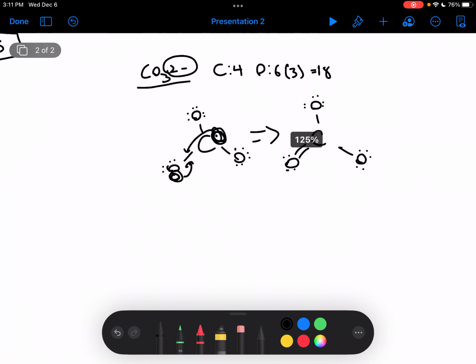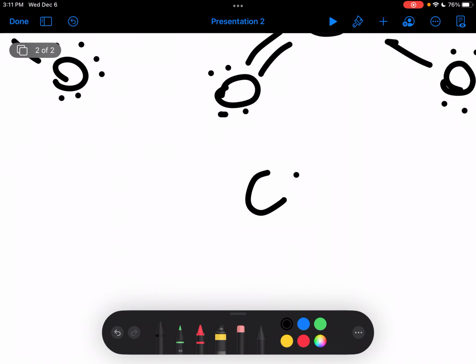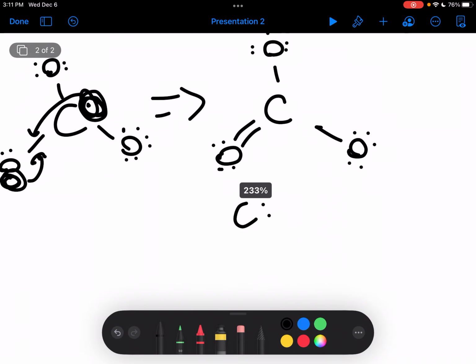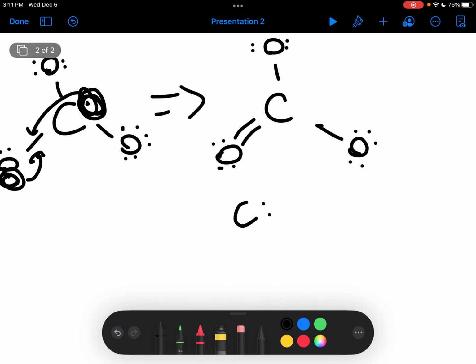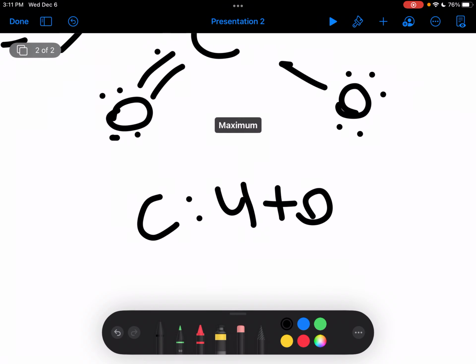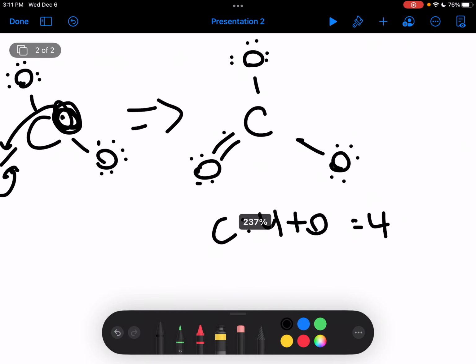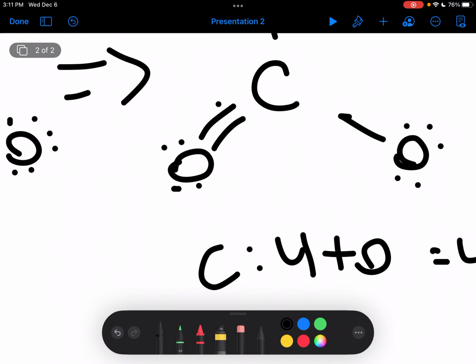And in order to calculate the charges, we'll do this. For carbon has 0 extra electrons. It has 1, 2, 3, 4 bonds. So 4 plus 0. And carbon has 4 valence electrons, so the charge must be 0. And in this case, once again, there's 2 different types of oxygens.